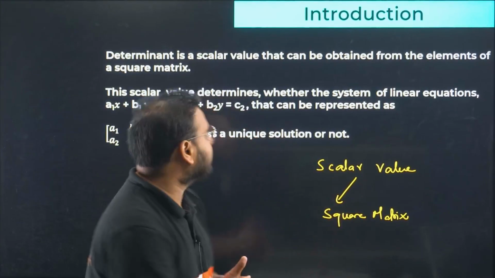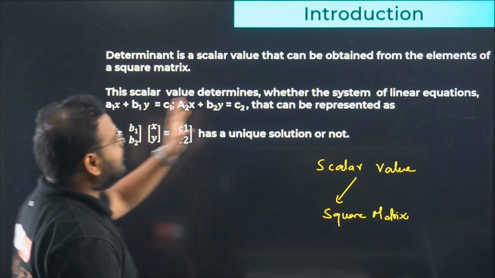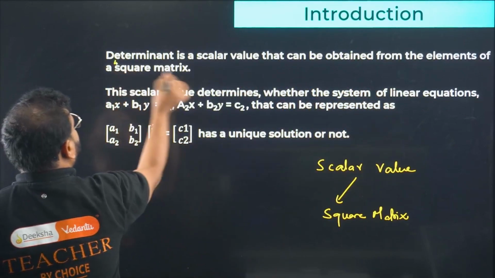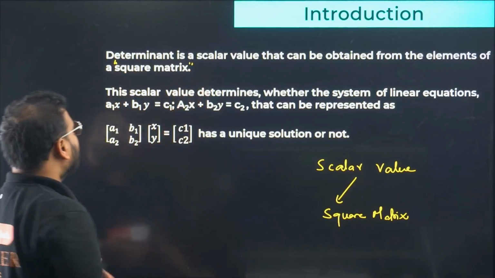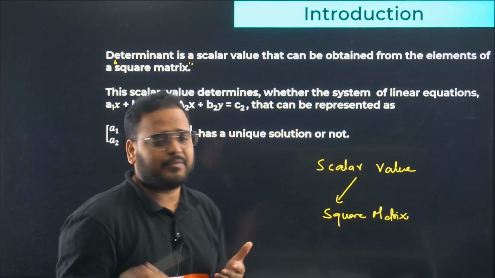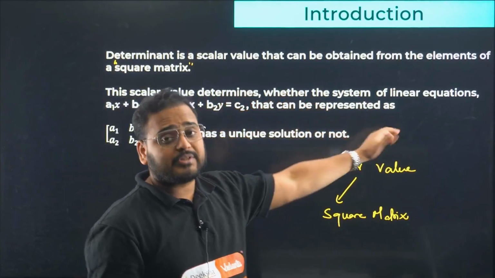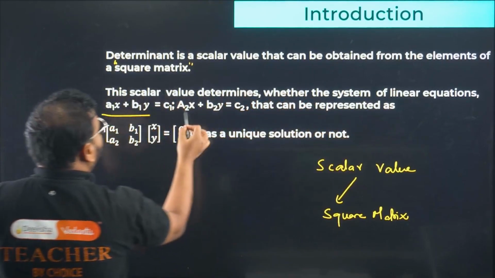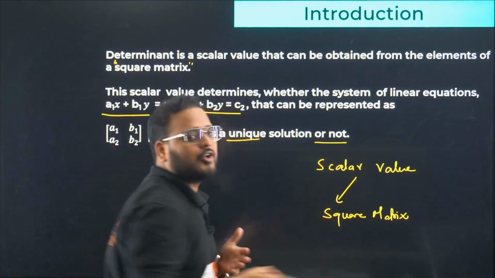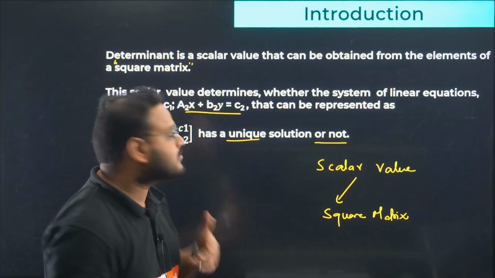Is that clear? Okay, let's see. Determinant is a scalar value that can be obtained from the elements of a square matrix. This scalar value determines whether the system of linear equations given in this form does have a unique solution or not. Basically, we also look for consistent and inconsistent forms, but that will come later.